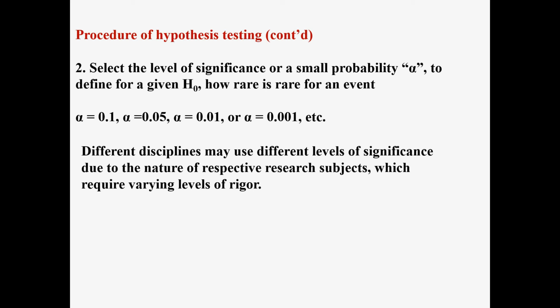But for geography and for some social science areas, we do not really deal with life and death situations, so there's no need for us to adopt a very small alpha level. Very often we adopt 5% or 1%.